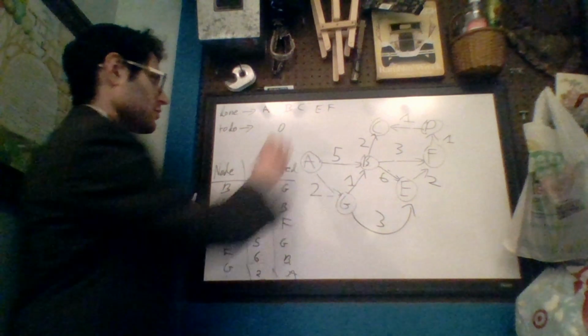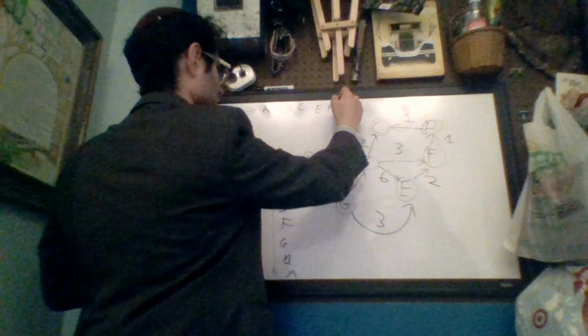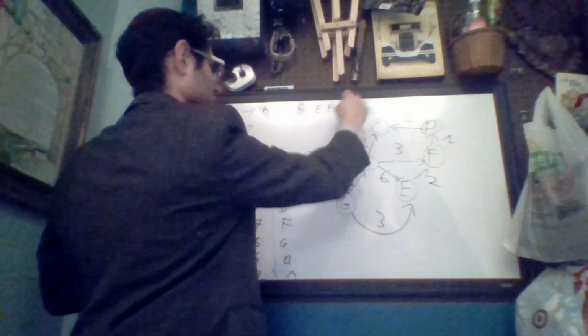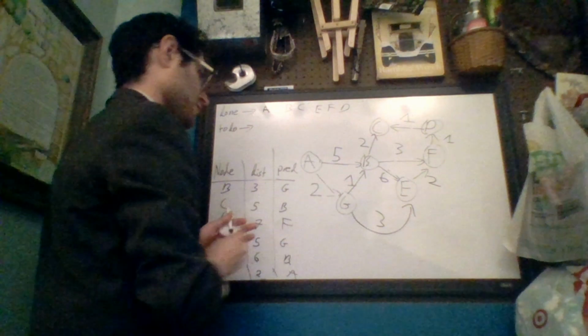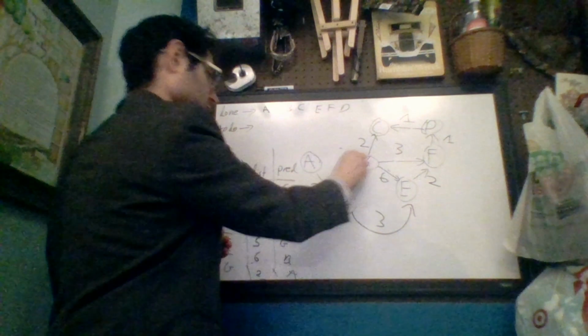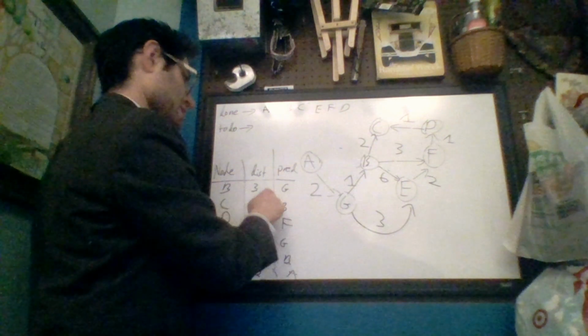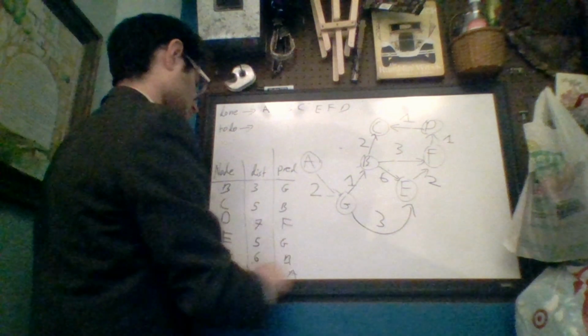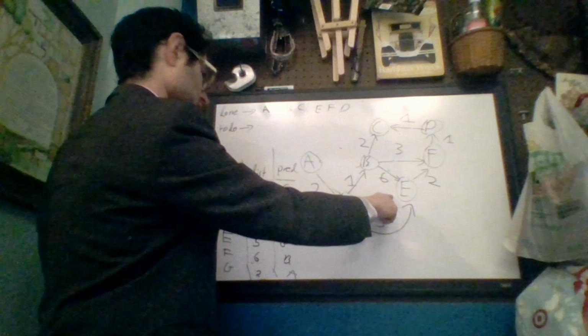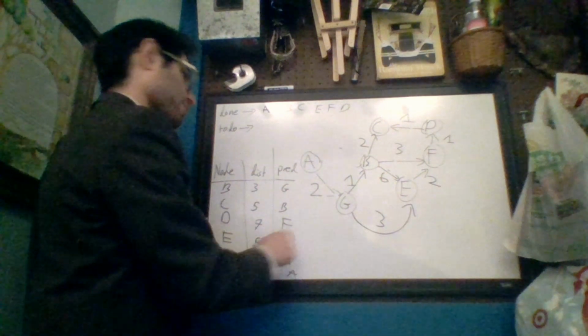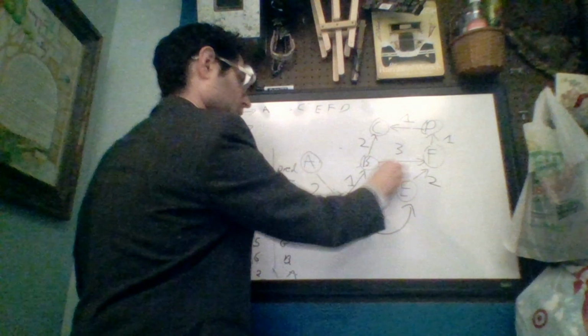I'll show you that it's a subset by erasing some things here. This wasn't the cheap way to go, so I'm only going to leave the cheapest ways. To get to B, we went through G. To get to G, we went through A. What about going to E? For E, we went through G, so we're going to erase the one from over here.